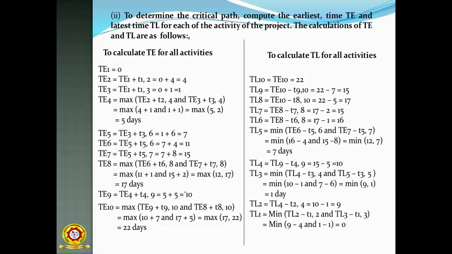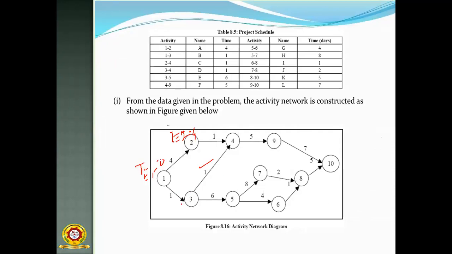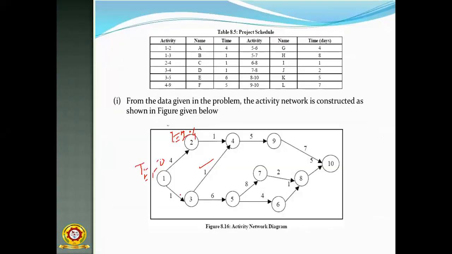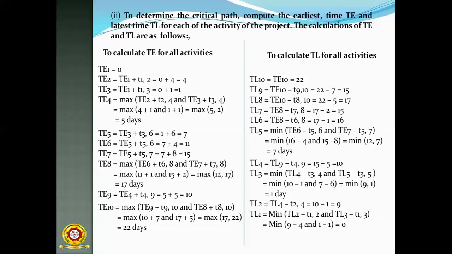Then 1 plus, what is the value? TE3 plus T3, 1 plus 6. So 1 plus 6 equal to 7. That is the value of TE5. Like this, you have to calculate each and every activity.